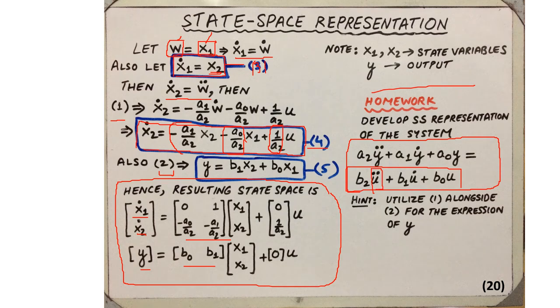Here a nice hint would be to utilize equation 1 alongside equation 2 in deriving the expression of y. This is a bit different in the sense that in this example we just used equation 2 to obtain the expression of y. In the homework, however, you may need to utilize both equation 1 and 2 to express y for the correct state space representation.